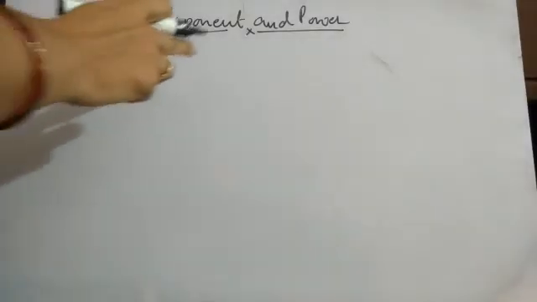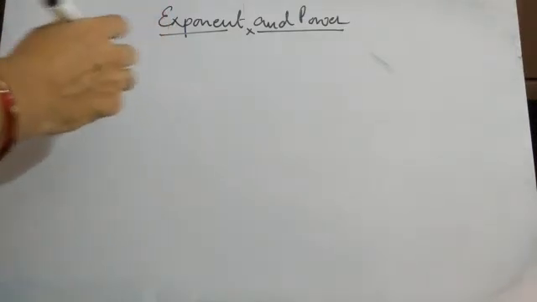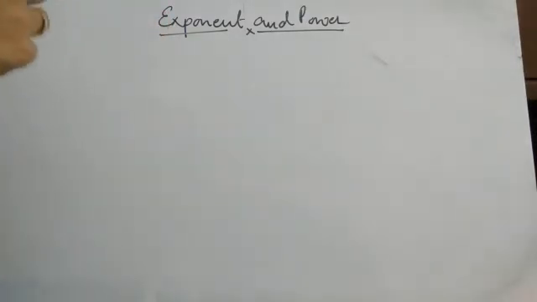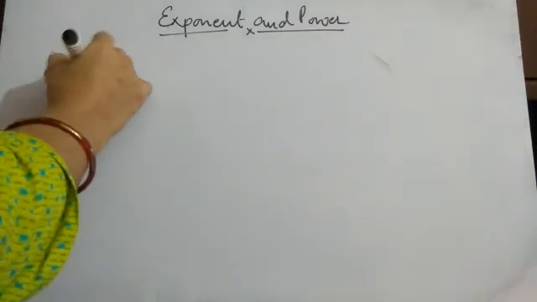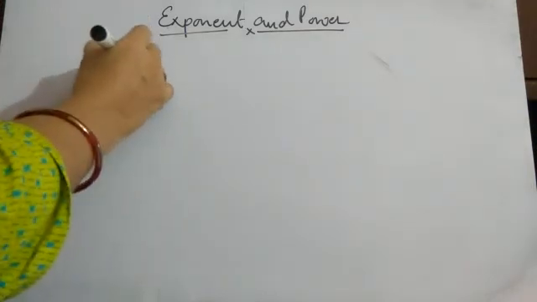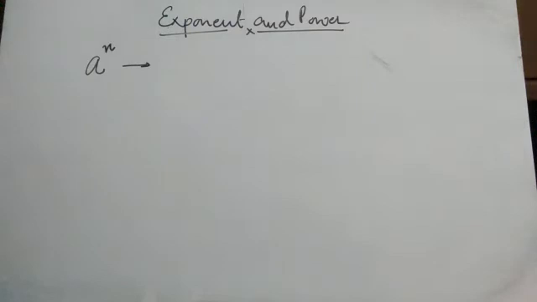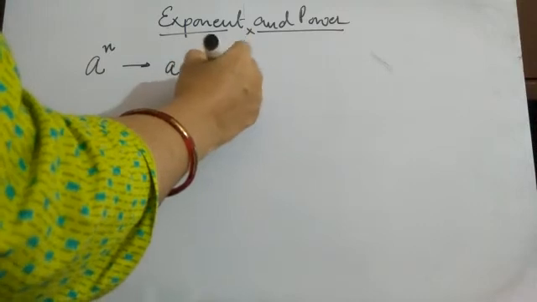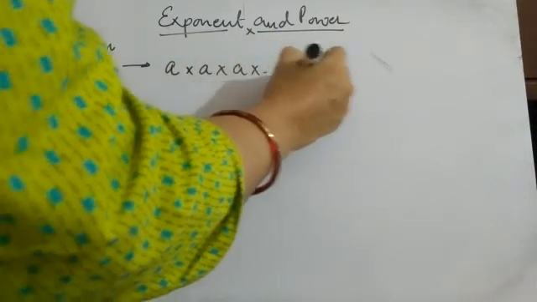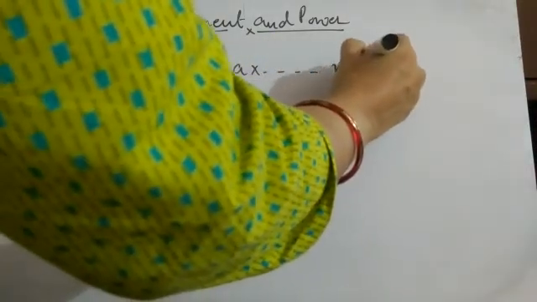Yes, children, today we will start with the chapter Exponent and Power. Now if we write a number like this, you must have observed numbers like this. What does this mean? This means that A is multiplied to itself n times.